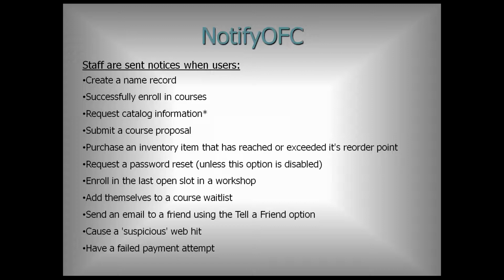Now, this is a big list of things, and so it should be mentioned that if you have a lot of web traffic, if you've got a lot of people signing up and registering for courses, and then you have 3 people listed in your Office email setting, then that's 3 times the emails just for staff. Not to mention the student is also going to get an email. If they're proxy registering someone, then that's the student and whoever they're proxying, and then 3 staff members all get an email when the person creates an account, when they enroll in a course, if they add themselves to a wait list.